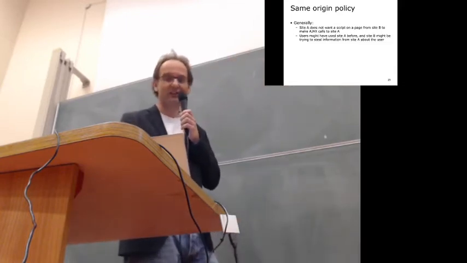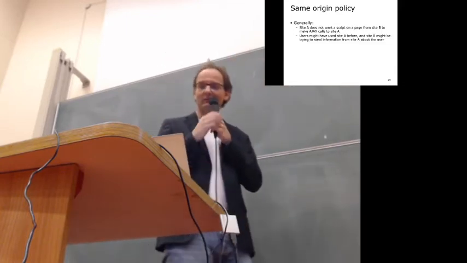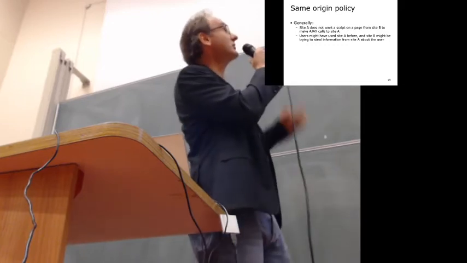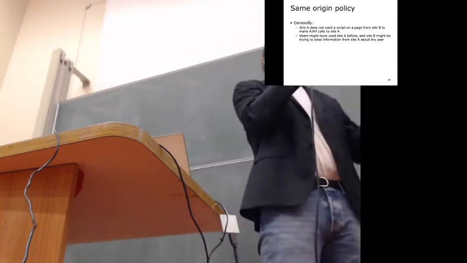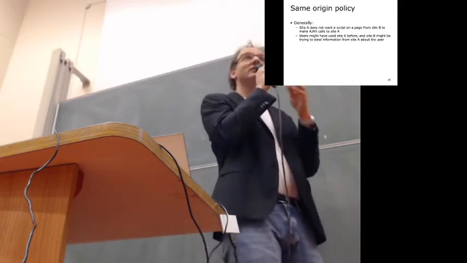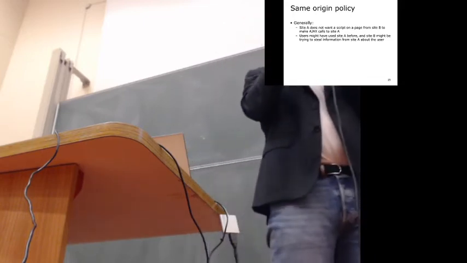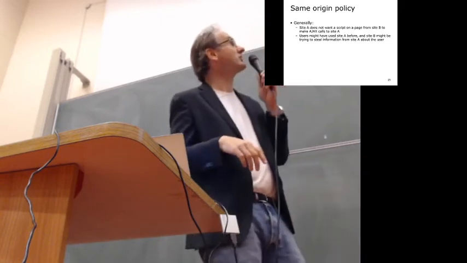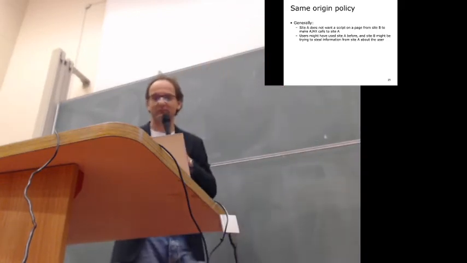So in general, this is not what we want. Users might first go to A, then go to B, and B might abuse that to get information from my users on site A. So we want to block this.